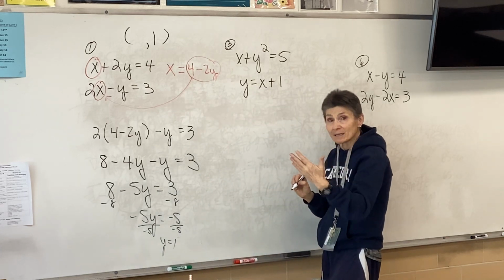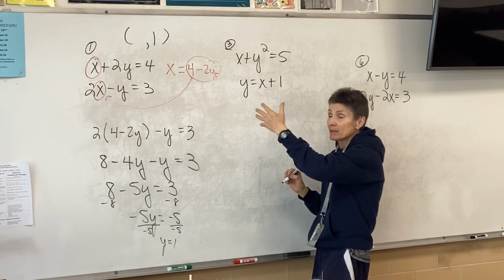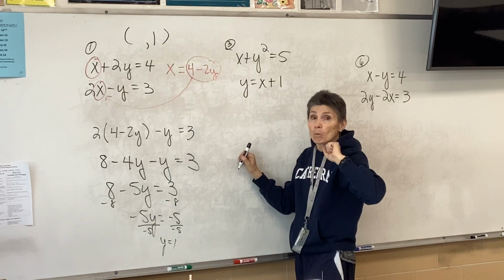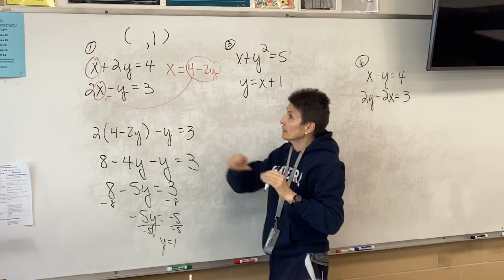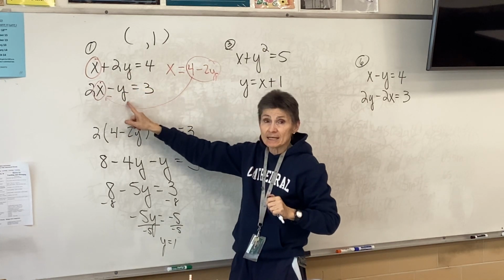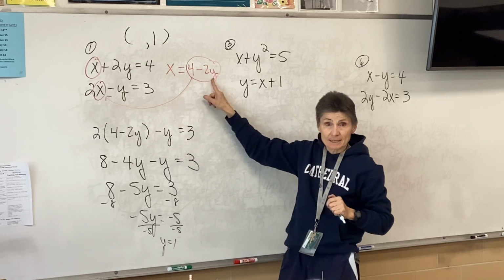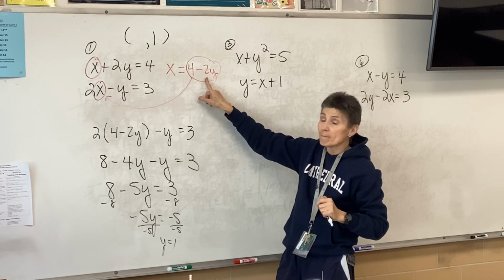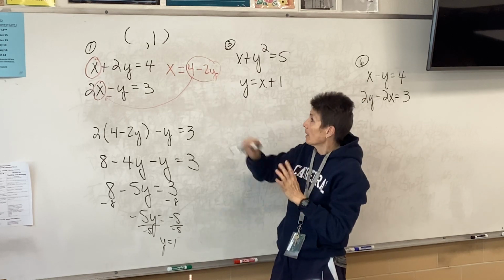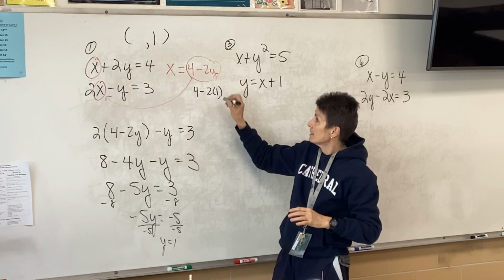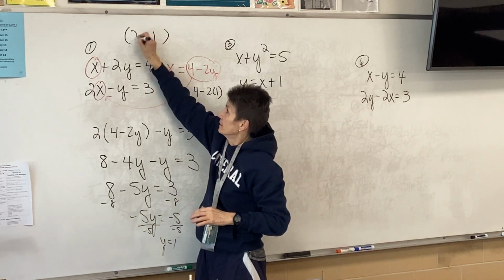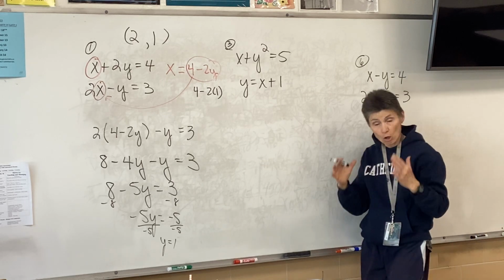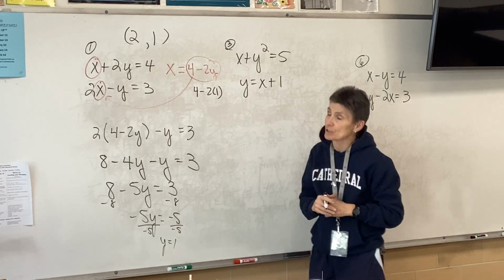Then we go back to our original problem, and anywhere up there, plug in 1 for y. You can plug it in here, you can plug it in here. Personally, I like to plug it in here, because if I plug 1 in here, I'm going to have 4 minus 2. I'm plugging in 1 for my y, so 4 minus 2 is 2. So the answer to the question, since solve the system, the answer to the question is 2 comma 1.